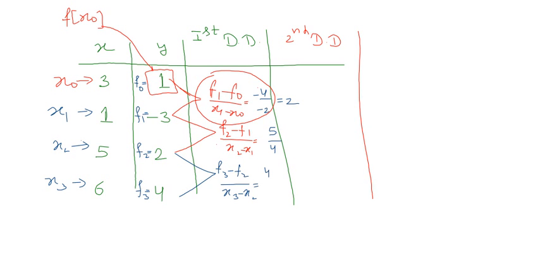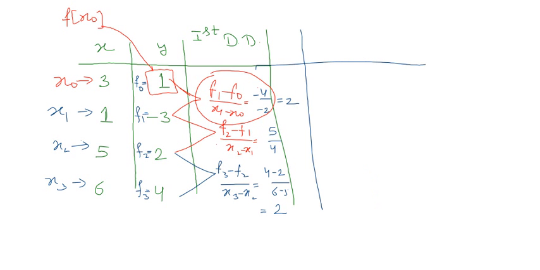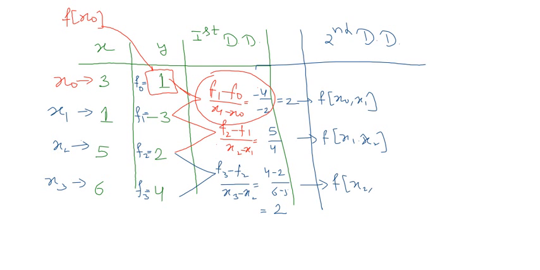That is 4 minus 2 divided by 6 minus 5, which is 2 by 1, equals 2. So up to here we have only the first divided differences. The first is f of x naught comma x1, then f of x1 comma x2, and the last is f of x2 comma x3.